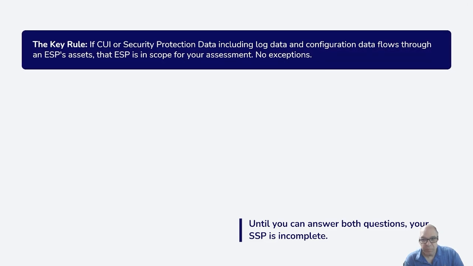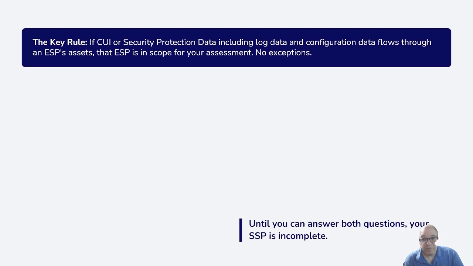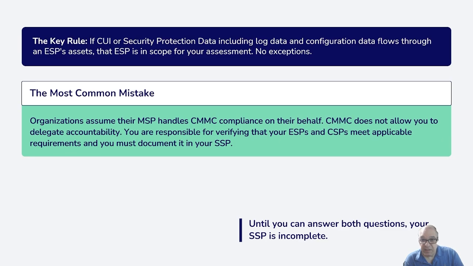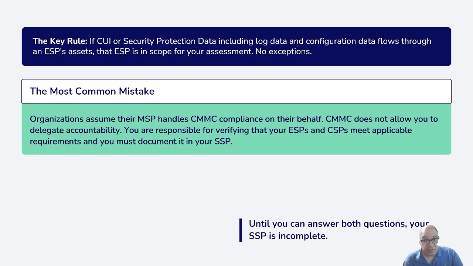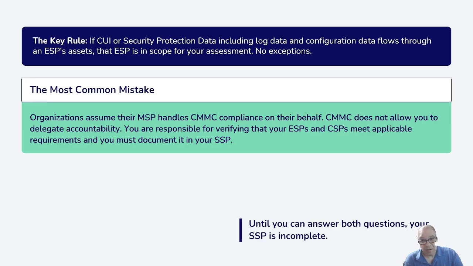Here's the key rule. If CUI or security protection data, and that includes log data and configuration data, flows through an ESP's assets, that ESP is in scope for your assessment. The most common mistake I see is organizations assume their ESP handles CMMC compliance on their behalf. CMMC does not allow you to delegate accountability.